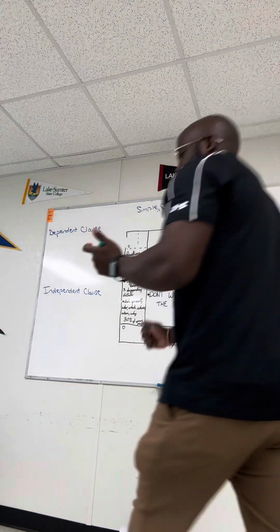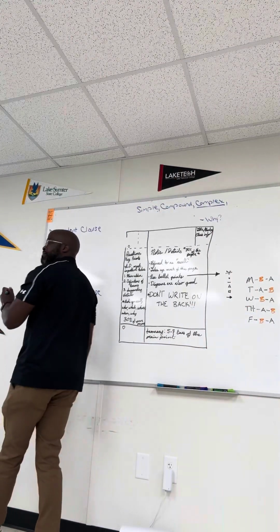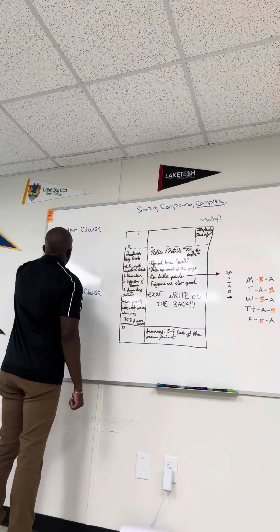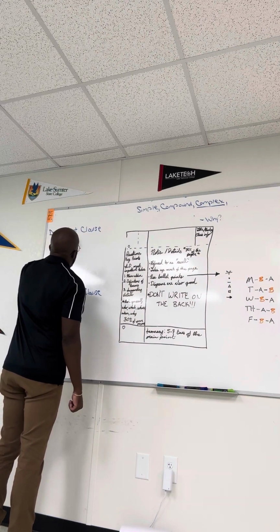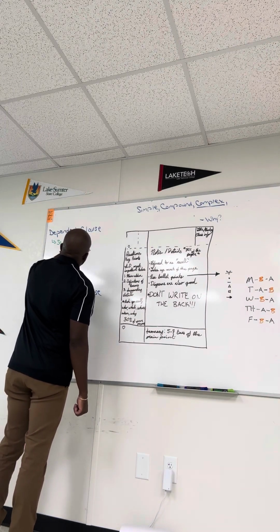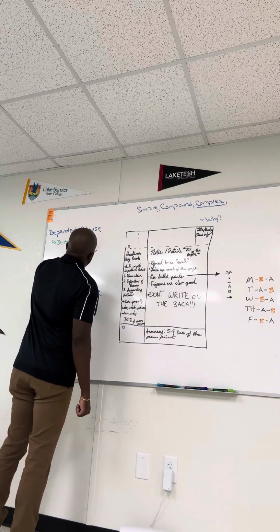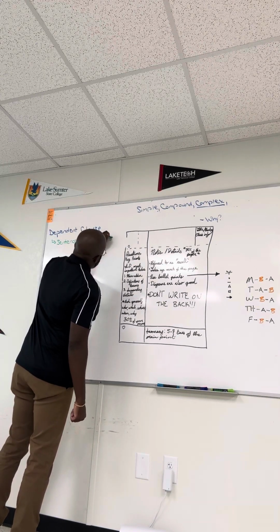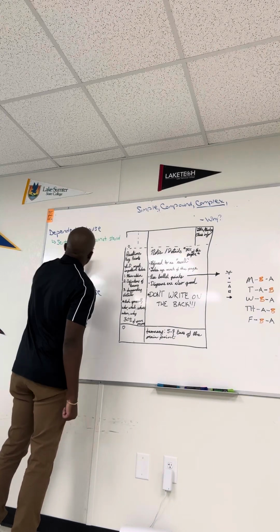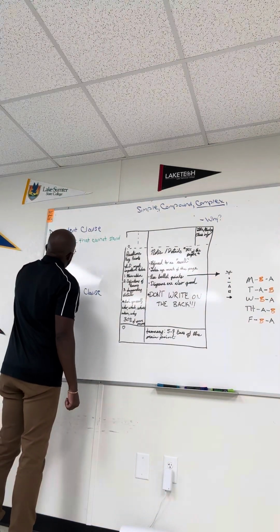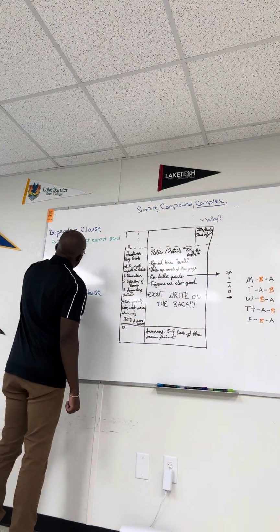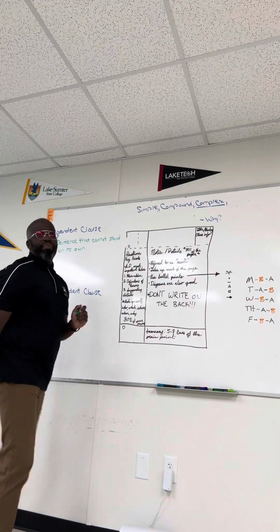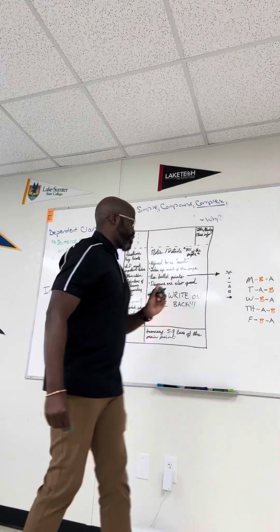So a dependent clause is just that. It is a sentence that cannot stand on its own. It's going to begin with a subordinating conjunction.